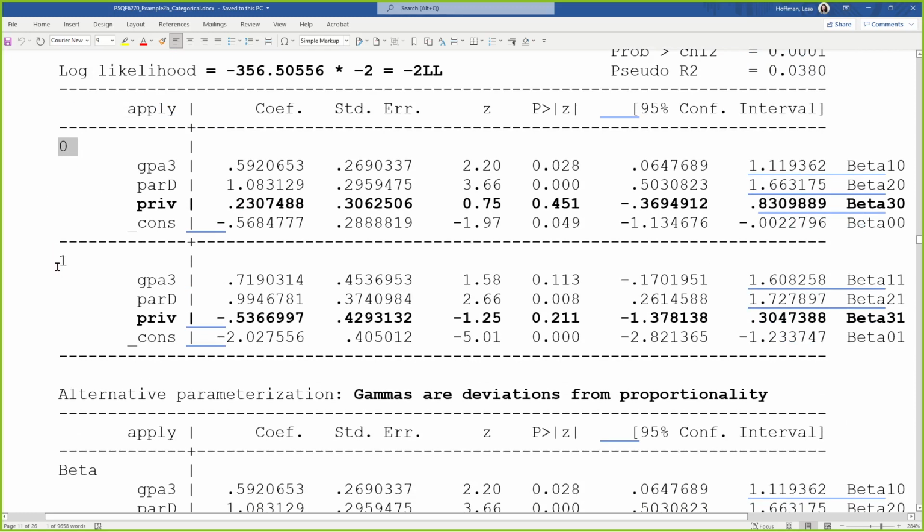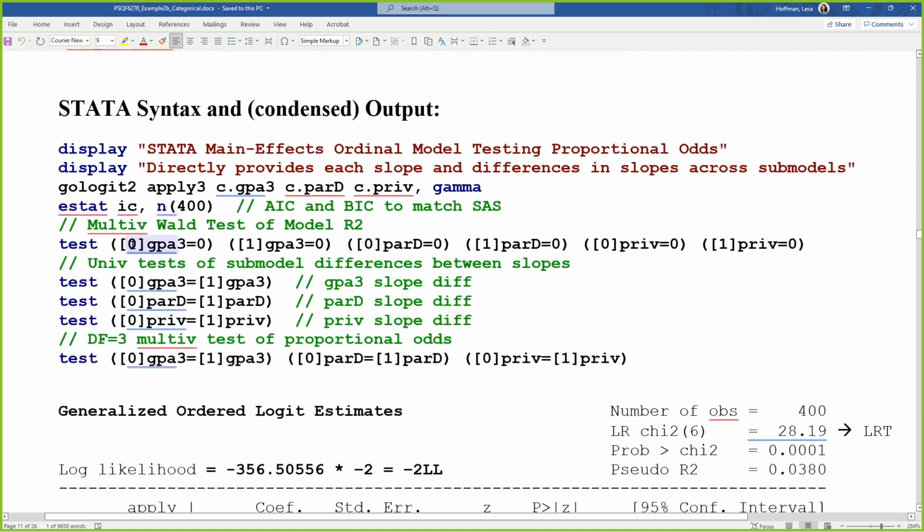And it labeled the second submodel as 1, which means that it's predicting the logit of 2 instead of 0 or 1. So based on this output, I knew what to write here inside the brackets.